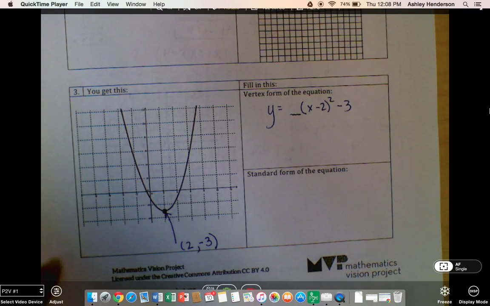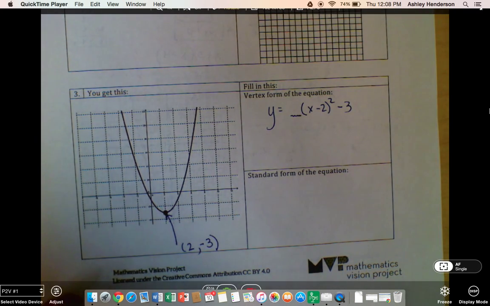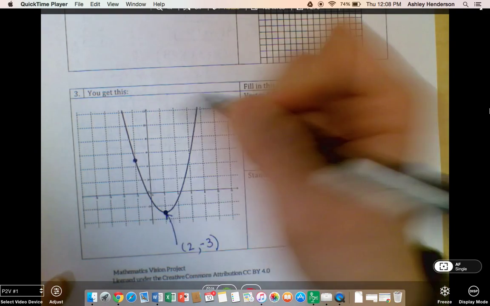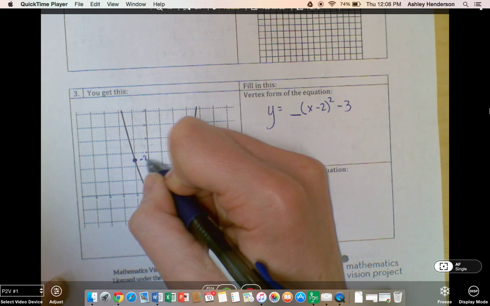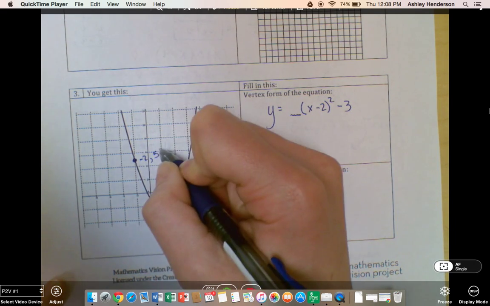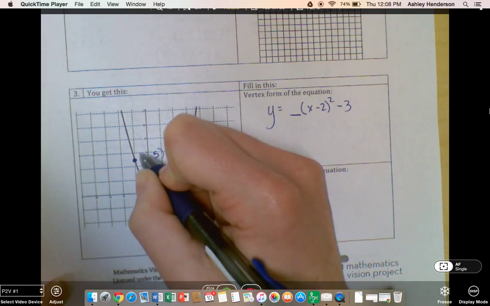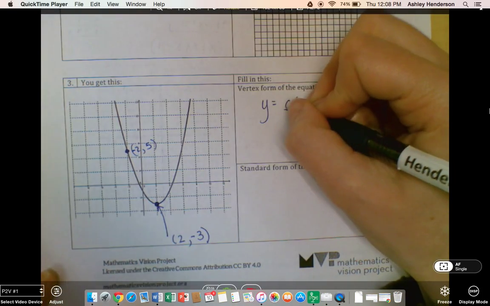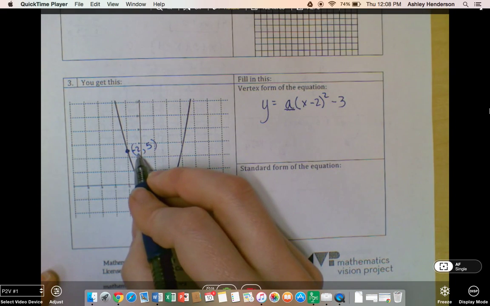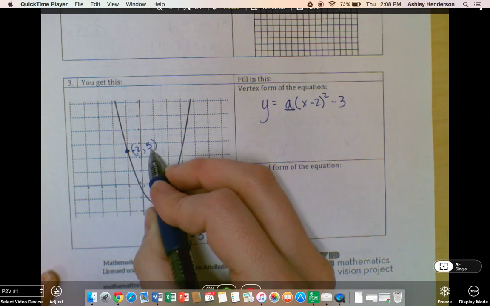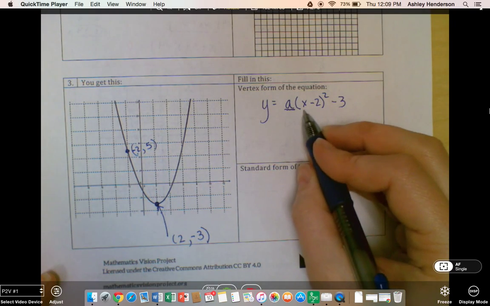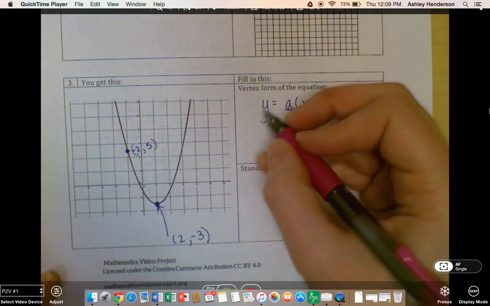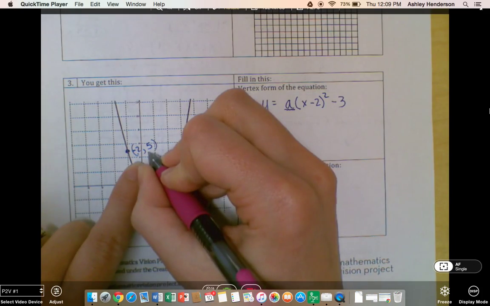So let's find a point that looks like it's right on. We're going to say that it's this one. Imagine I gave you this point too. This is the point negative 2, comma 5. So given negative 2, comma 5, I can figure out what my a is by saying I know x, I know y, so let's plug those in for x and y and figure out what a would have to be. 5 goes here.